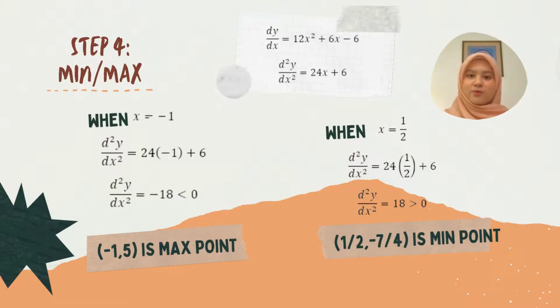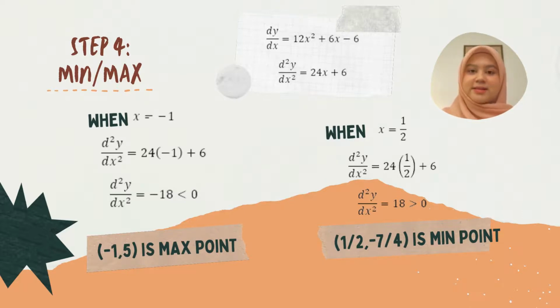When x equals negative 1, d power of 2 y over dx power of 2 equals 24 times negative 1 plus 6, which equals negative 18, less than 0. So (negative 1, 5) is a max point. Next, when x equals 1 over 2, d power of 2 y over dx power of 2 equals 24 times 1 over 2 plus 6, which equals 18, greater than 0.